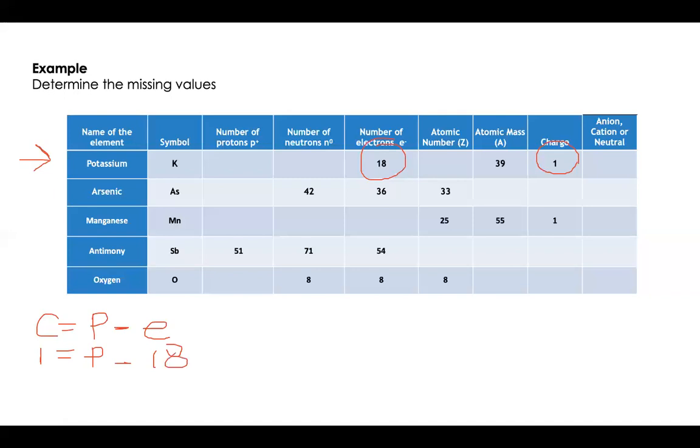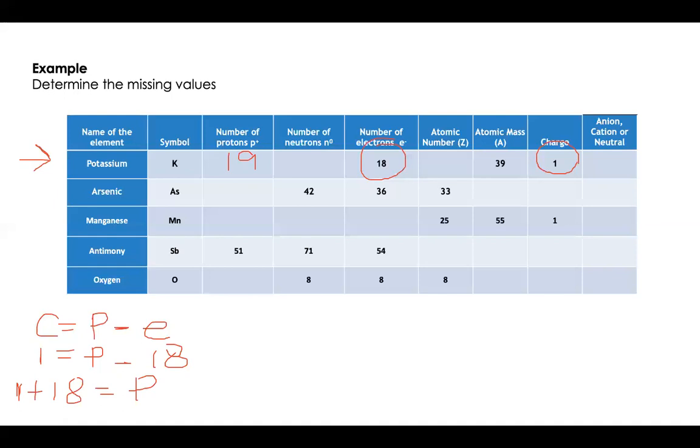If we isolate the P, it's going to be 1 plus 18 because we are going to pass this 18 to the left side, equals P. So here we are getting that the number of protons that this atom of potassium has will be 19, okay? Because 18 plus 1 is 19.